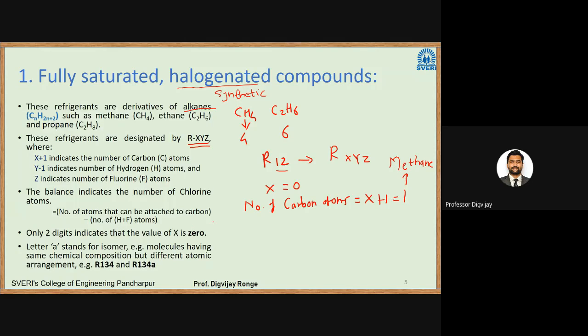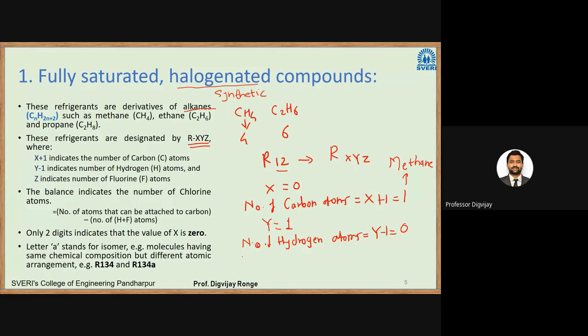Then next, Y. Here in this case Y is equal to 1. So we can say that the number of hydrogen atoms will be equal to Y minus 1, that will be 0.